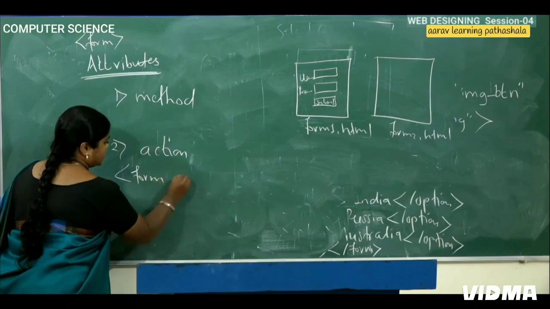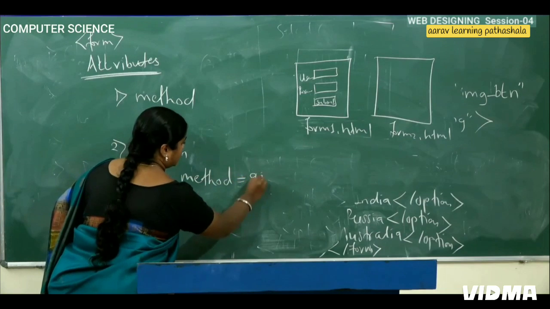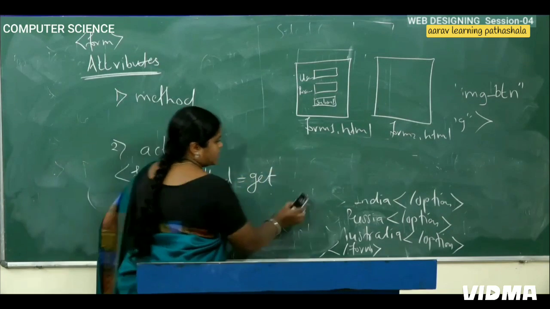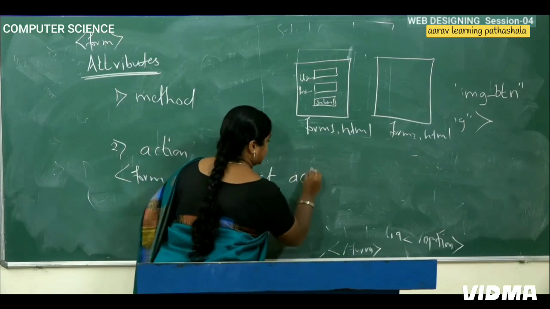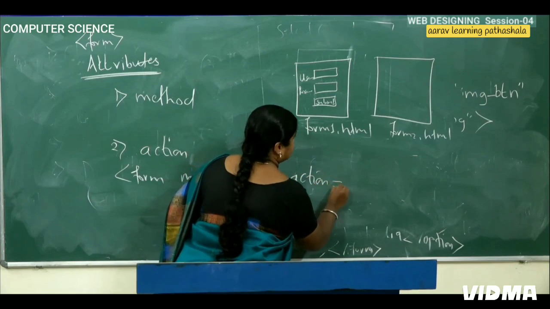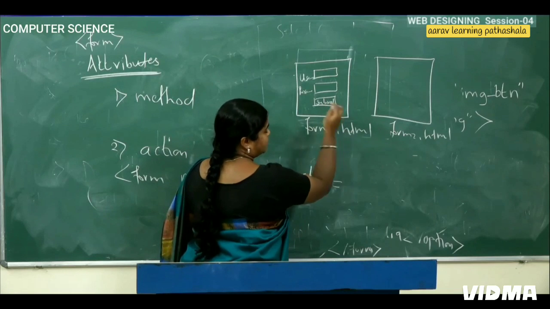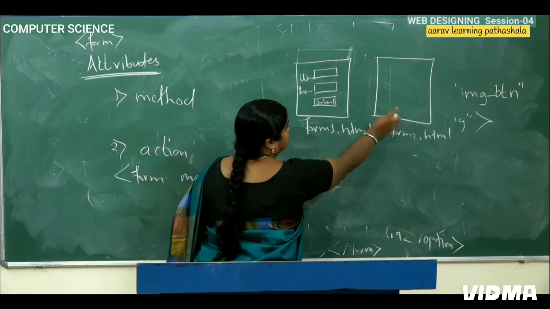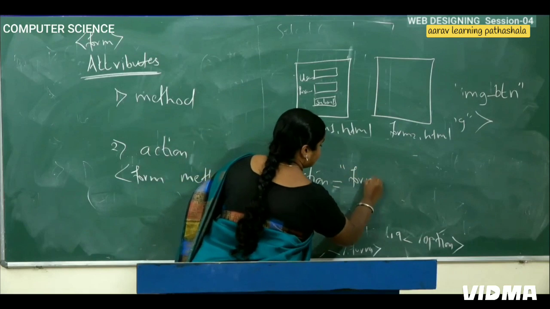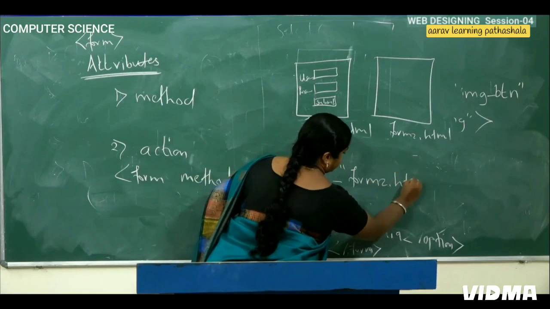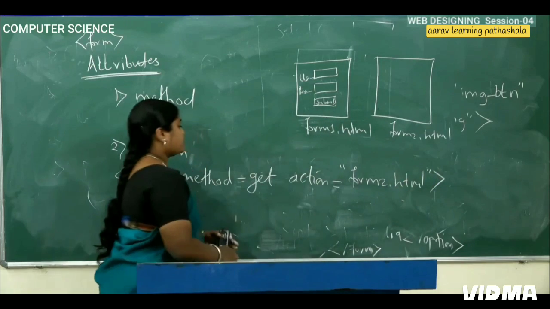Form method is equal to get, and then finally action is equal to, now after clicking on submit button, which page is to appear? Form2.html. So action is equal to form2.html. I hope it is understood.